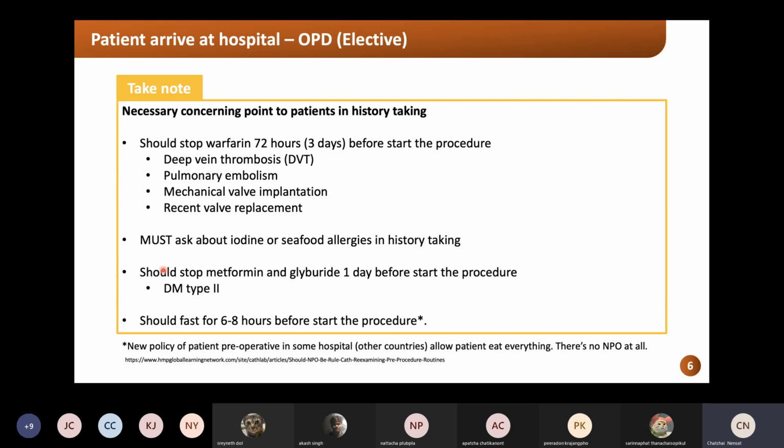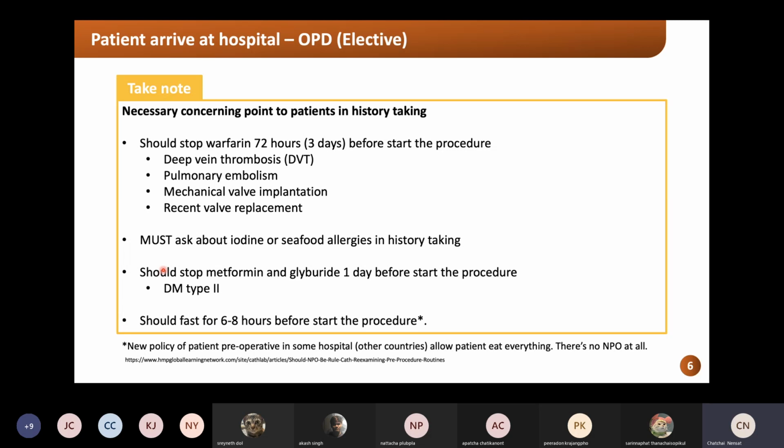And you also must ask about iodine or seafood allergies in history taking, because in the procedure we use the contrast media, right, which is the agent that, when the X-ray beam passes through the patient, when injected into the patient, is used to visualize the structure in our body.